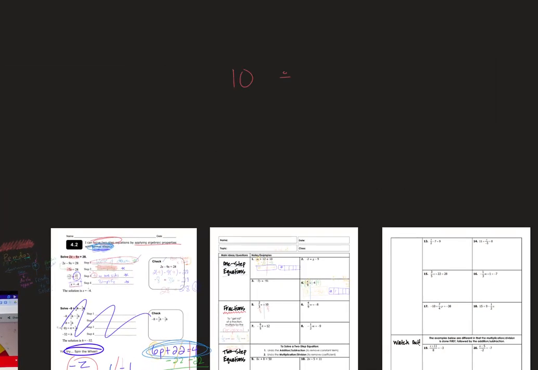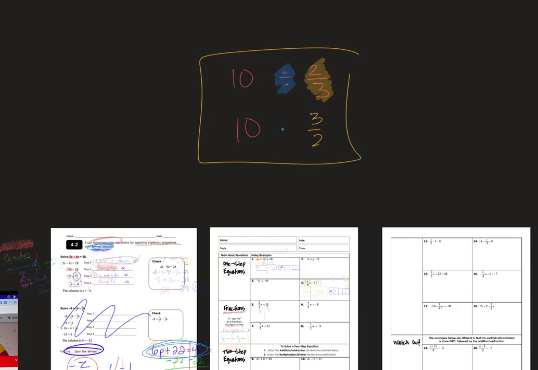If I were to do 10 divided by 2/3, well, first of all, I'm going to go ahead and write 10. Do you know why I'm writing 10? Because when you divide by fractions, what happens is you actually are going to multiply. You're never going to guess the next word I'm going to say. You're going to multiply by the reciprocal. That's what happens when you divide.